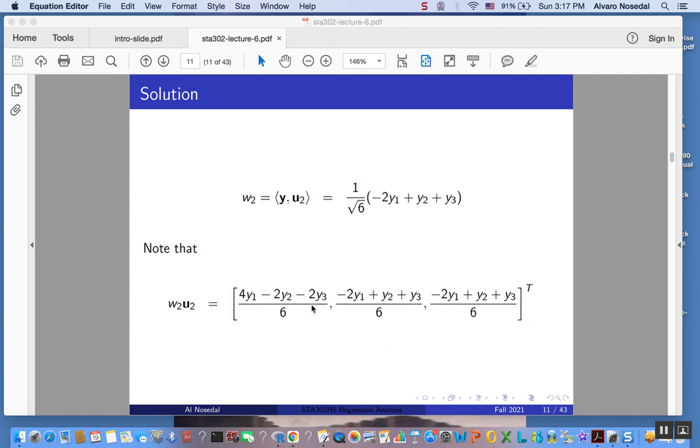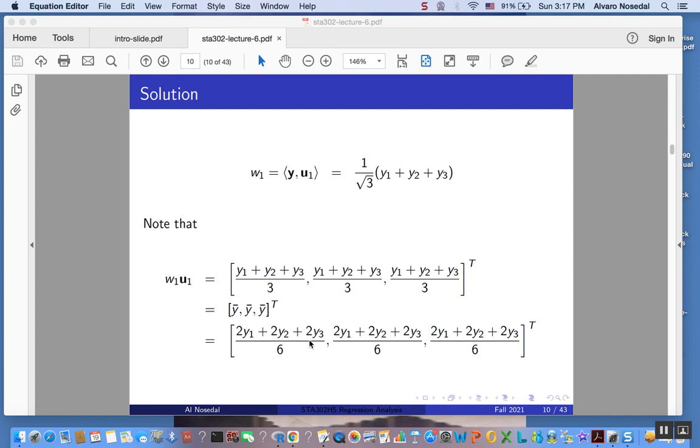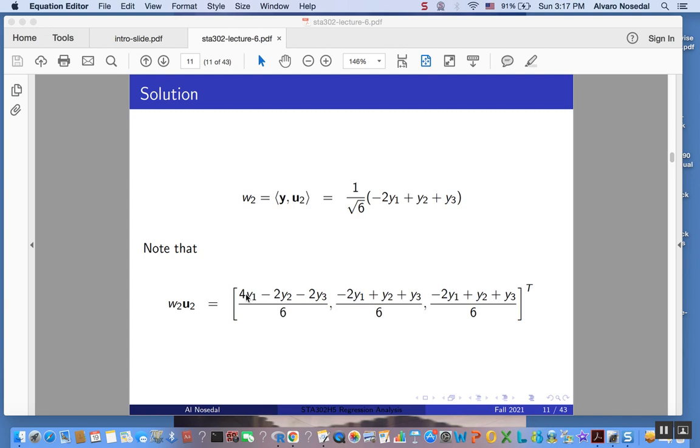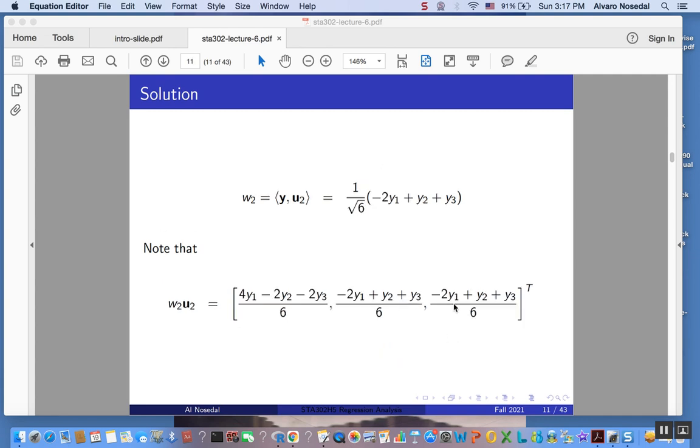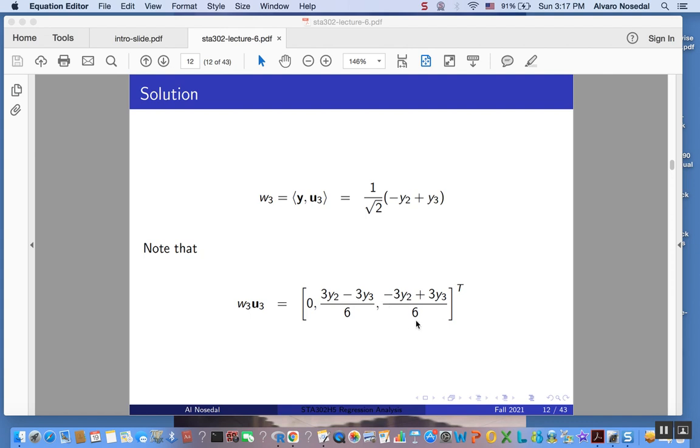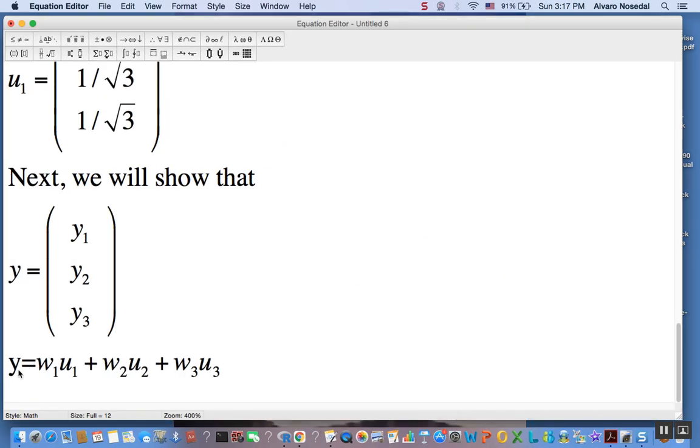Negative 2y3 plus positive 2y3, those cancel out, so you end up with 2y1 plus 4y1, 6y1 divided by 6, that's y1. Okay, and then if you do the same with the other coordinates, with the second and the third, right? If you add them up, you'll see that you end up with what we wanted, that the sum equals y1, y2, y3. Make sense?